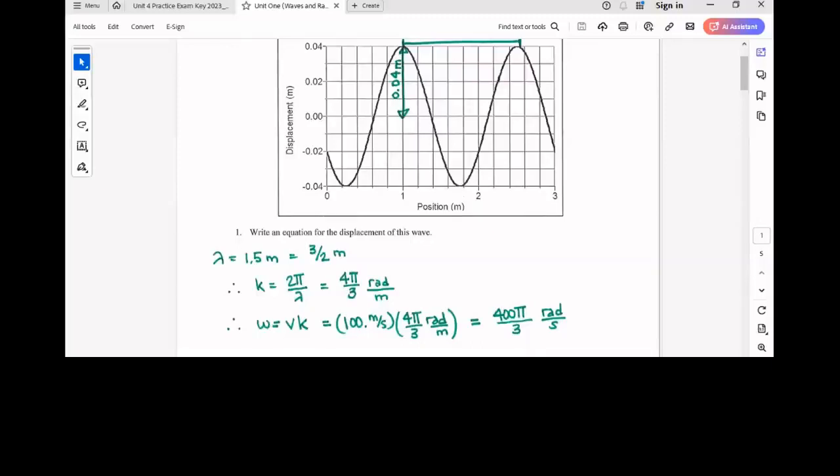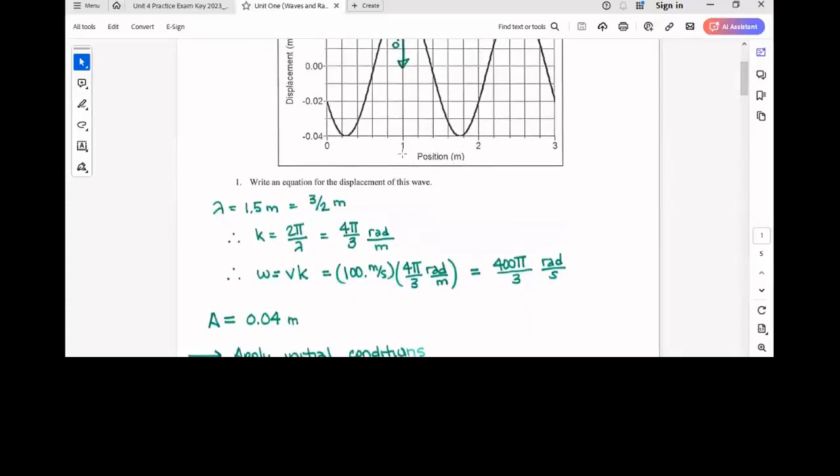And now that I know that, I can use omega is equal to v times k to figure out what the angular frequency is in radian per second. That is 100 meters per second times 4 pi over 3 radian per meter. The meters cancel. We have 400 pi over 3 radian per second.